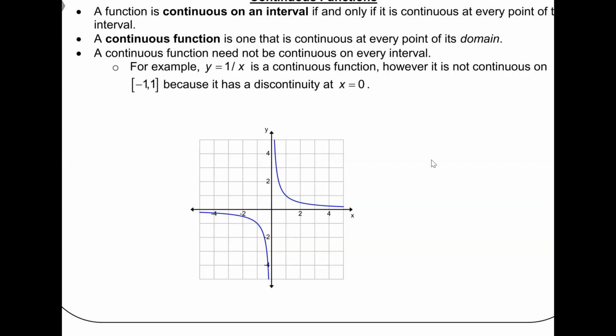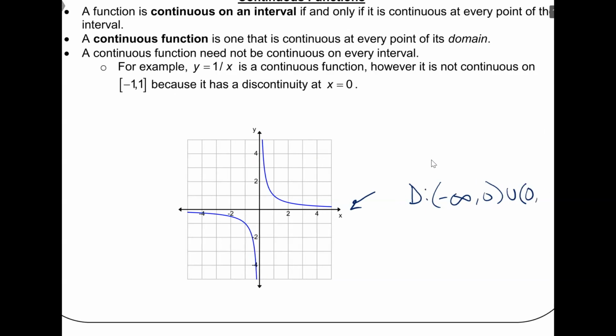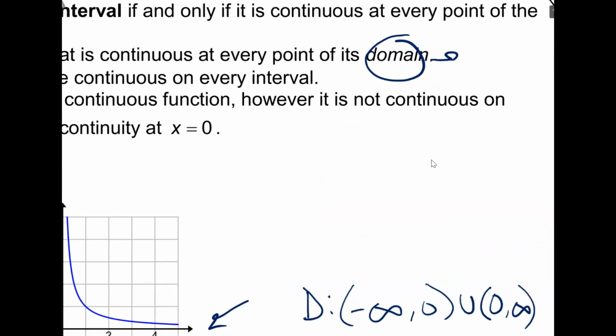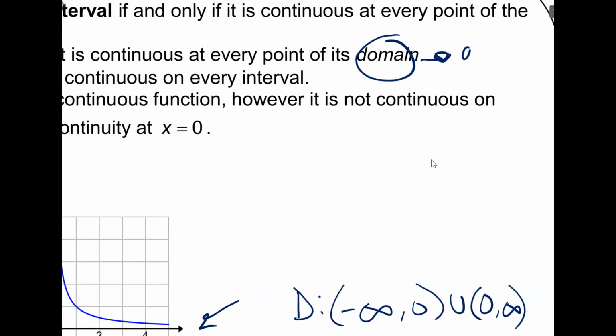If the domain is negative infinity to 0, union 0 to infinity, I could say it's continuous on its domain. I'm continuous at every point I've listed. The only point I excluded was 0, which is the only point where I'm not continuous. Let me be clear with domain: this does not mean continuous from negative infinity to infinity. Okay.